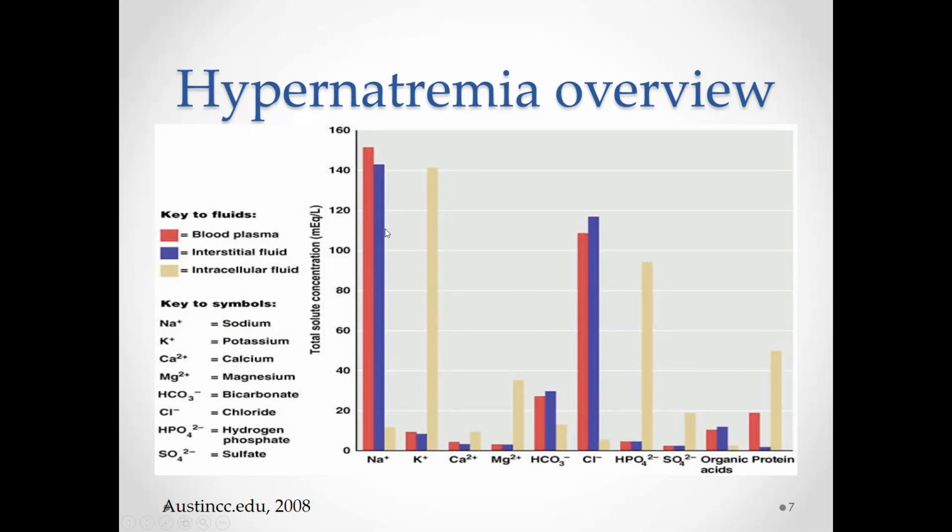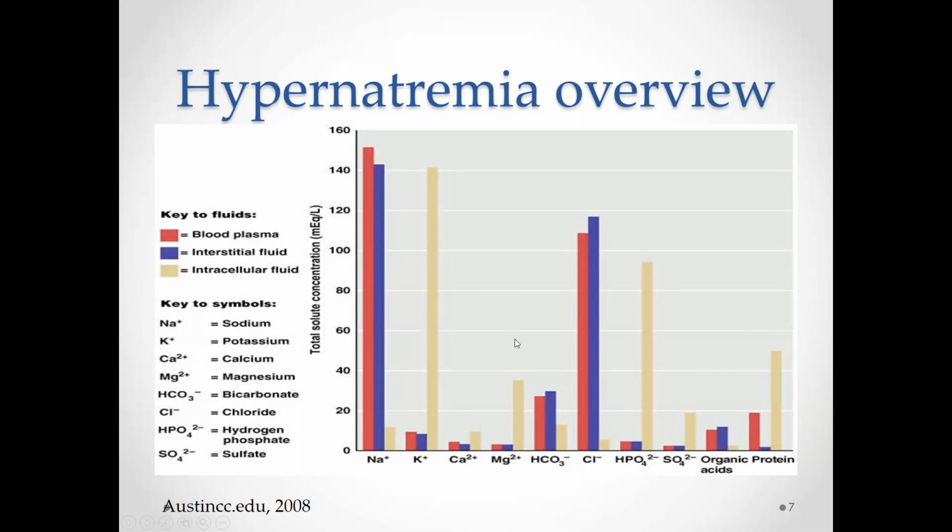The interstitial fluid, which is blue, reflects the electrolyte profile of the plasma, in hand with the extracellular compartments.